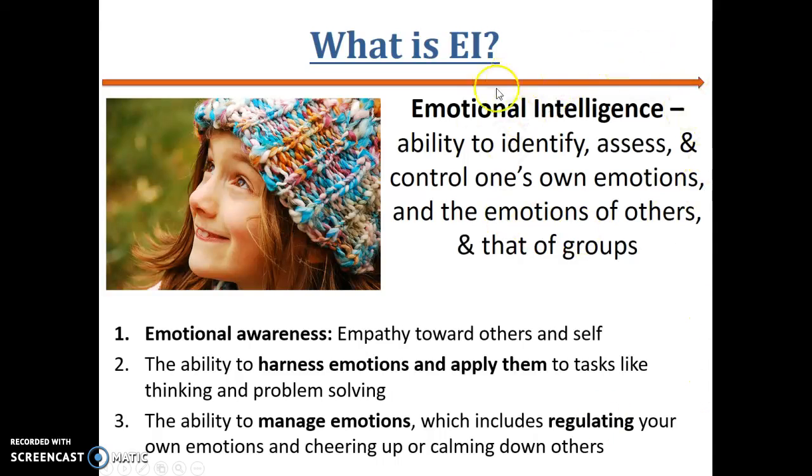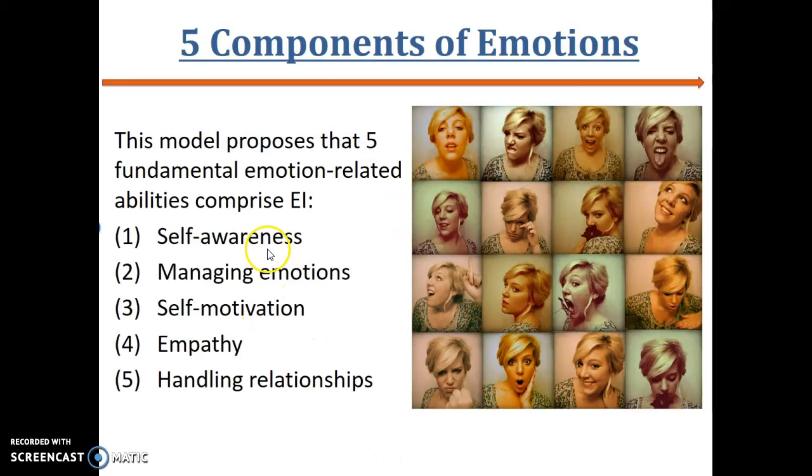Knowing that emotional intelligence is a concept that encompasses different components, Goleman proposed five abilities that put together make emotional intelligence. That is self-awareness: knowing yourself, being emotionally aware, and being able to assess yourself accurately.